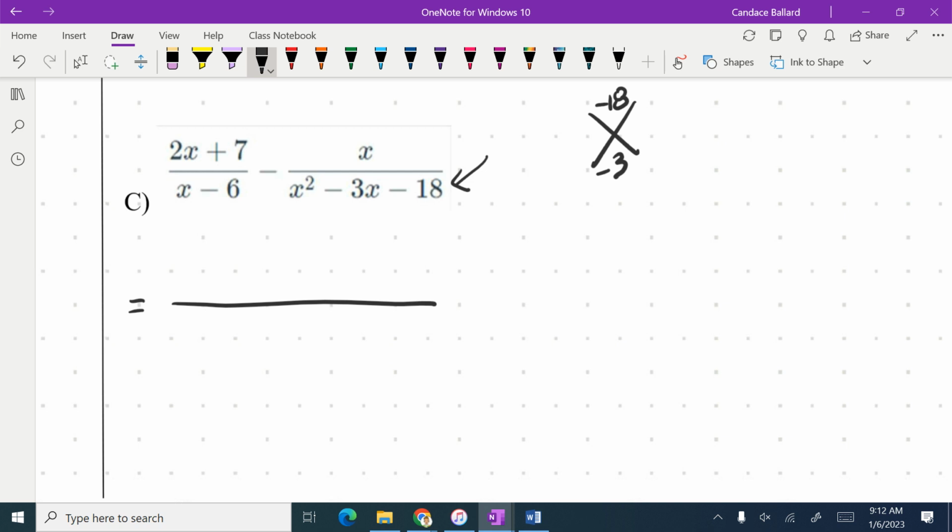So what two numbers multiply to negative 18 and add to negative 3? Negative 6 and 3. So I'm going to go x minus 6 times x plus 3. The majority of the time, there should be something that matches. If you're not getting something matching, either Mrs. Ballard really messed up on the quiz, or there's something you have done wrong.